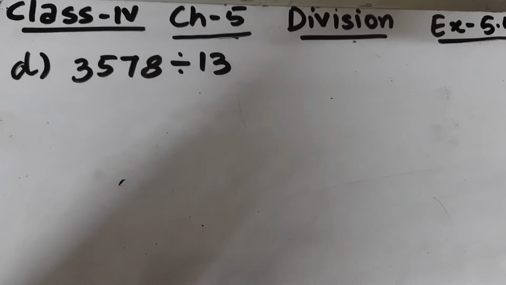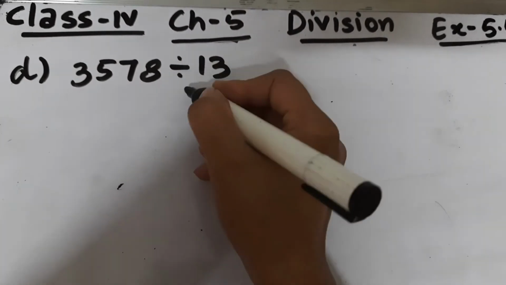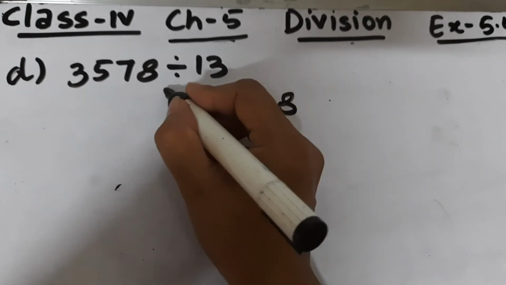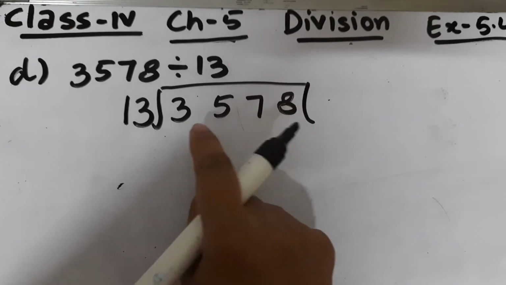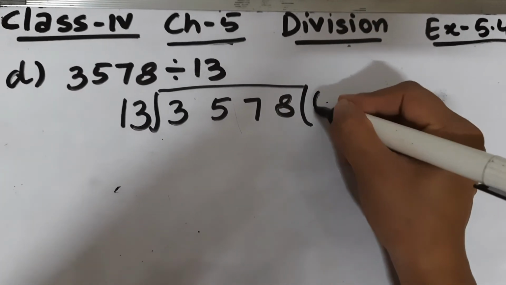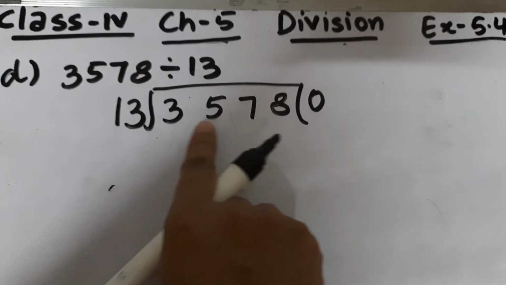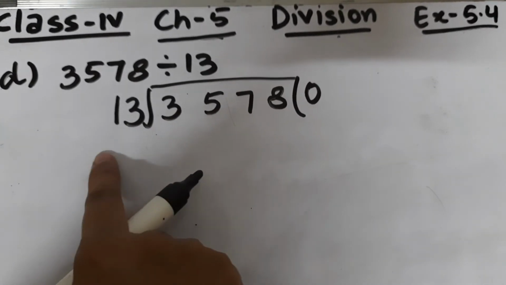D part is 3578 divided by 13. Our dividend is 3578 and our divisor is 13. See, we cannot divide 3 by 13, so we will write 0 at the quotient. And we will combine 3000s and 500s. So now we will divide 35 by 13.